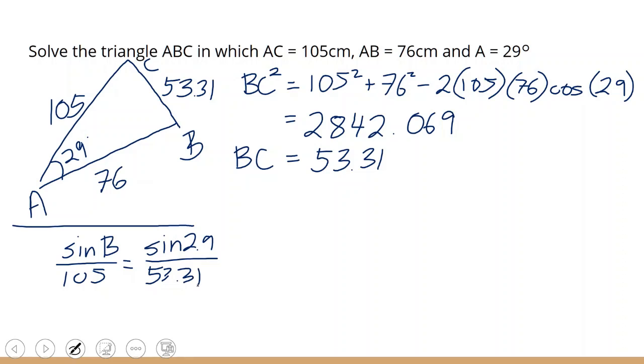Okay. And so if I were then to find inverse B, I am getting 72.72.